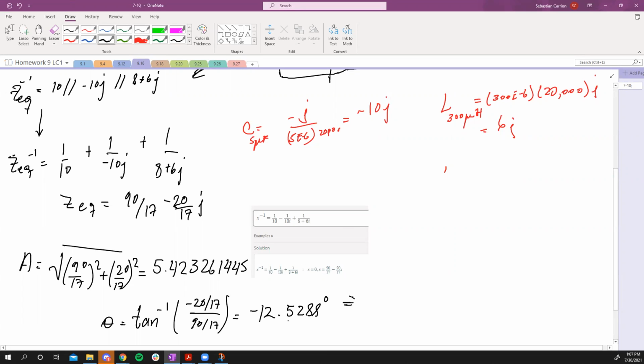So the equivalent is going to be 5.42 and so on, at a negative 12.53 degrees.